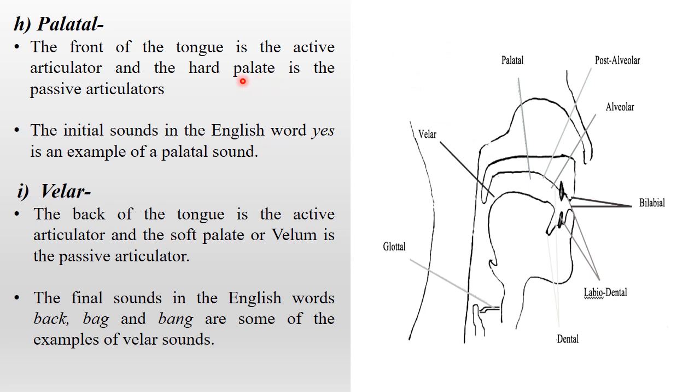Next is palatal sound. The front of the tongue is the active articulator here, and the hard palate is the passive articulator. The initial sound in the English word yes is an example of a palatal sound.